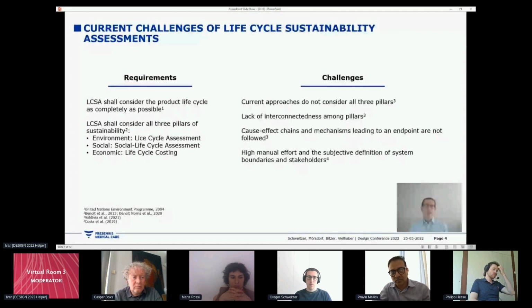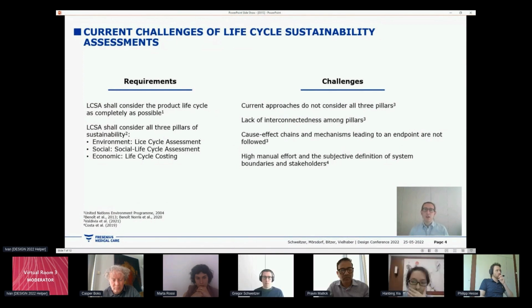The requirements are that the LCSA shall consider the entire product life cycle as completely as possible, so from raw material extraction until recycling. By doing that, it shall also consider all three pillars of sustainability. Those are the environment, analyzed by life cycle assessment, the social pillar, analyzed by the social life cycle assessment, and the economic pillar, analyzed by life cycle costing.